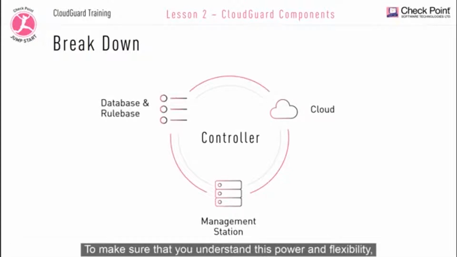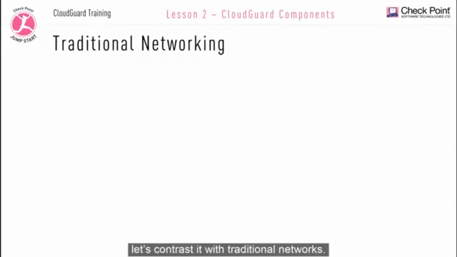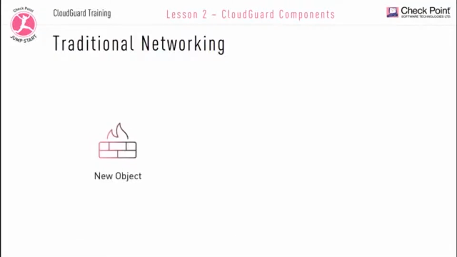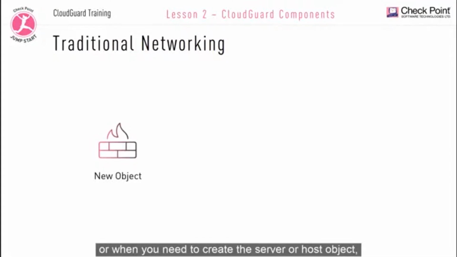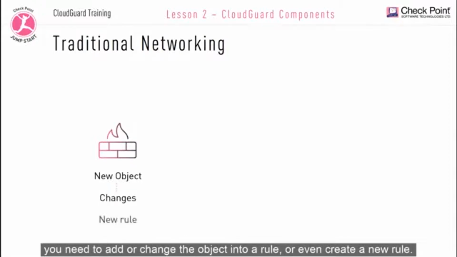To make sure that you understand this power and flexibility, let's contrast this with traditional networks. In traditional firewalls, when you add a new server on the network, or when you need to create the server or host object, or when you add or change the IP address of a host or a network object, you need to add or change the object in a rule, or even create a new rule.